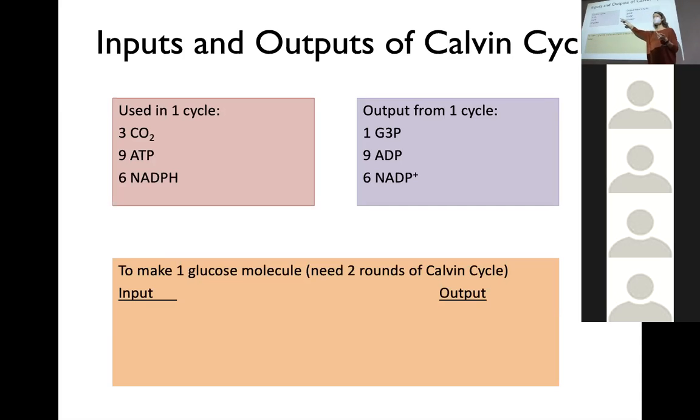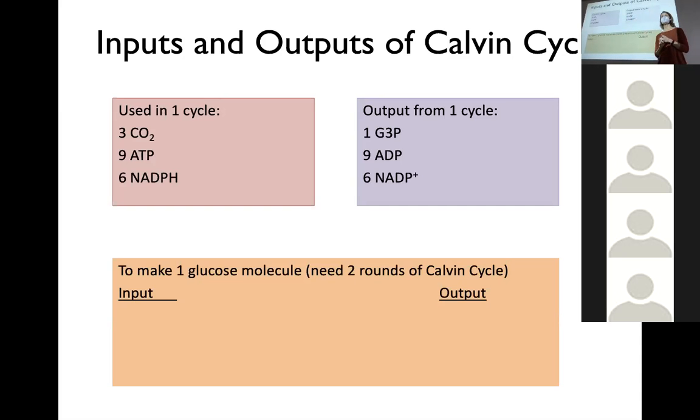So if you're using ATP, you're creating ADP. So those numbers are the same. If you're using NADPH, you're going to chop off that H, that electron, and you have NADP plus. Because we lose our electrons in the cycle.